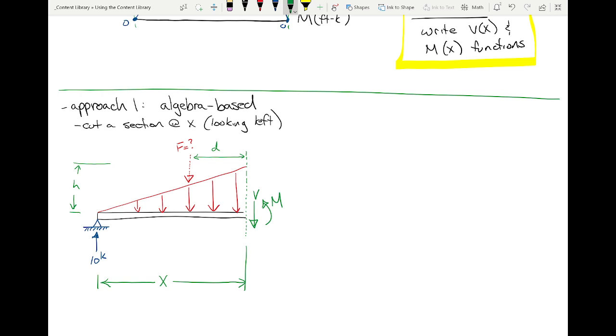Now, let's start off with h. Does anybody know how we're going to determine h? How did we do it before? Similar triangles. So h, so hold on. How would we do that? Somebody set that up for me.